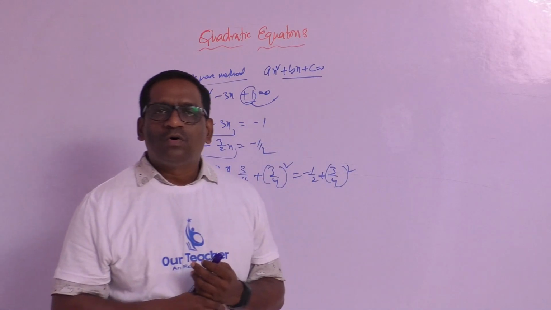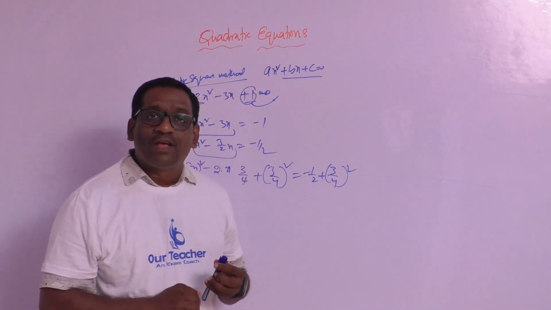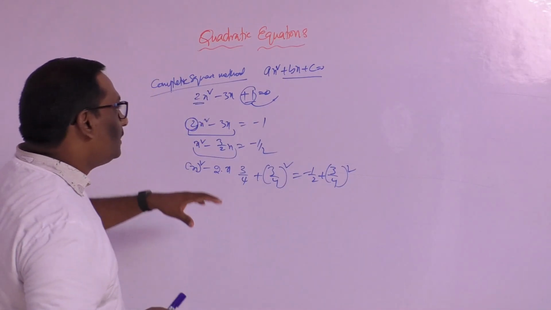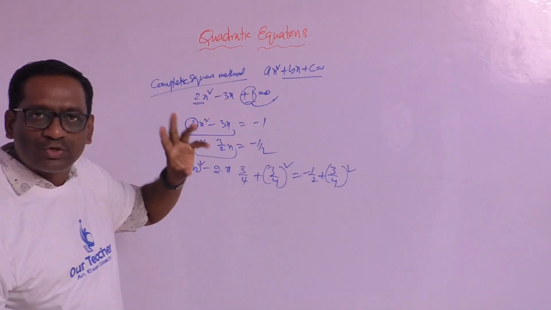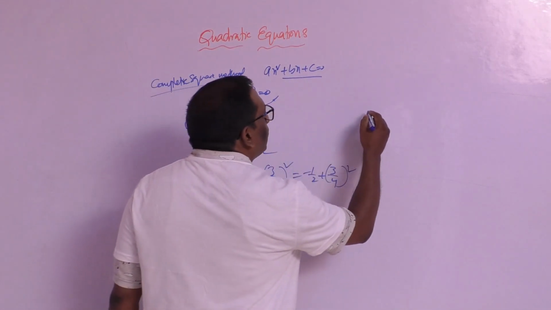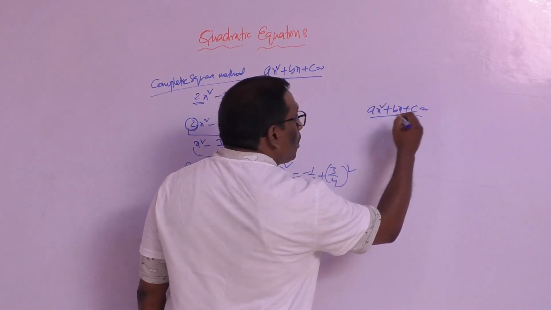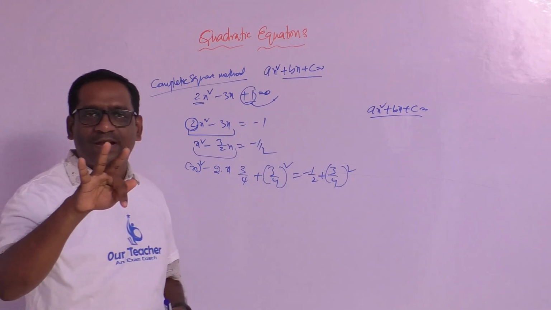Now the easiest way to know what type of roots a quadratic equation will contain. The quadratic equation will get two roots because the highest power is 2. Suppose you take ax square plus bx plus c equal to 0. What type of roots will you have? Roots are divided into three types.